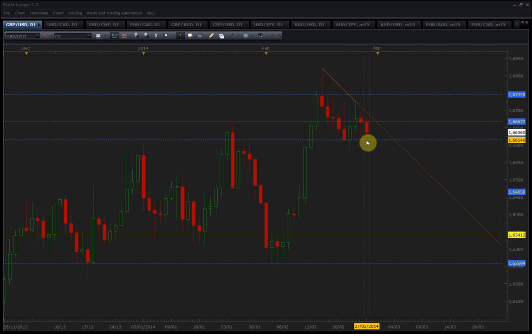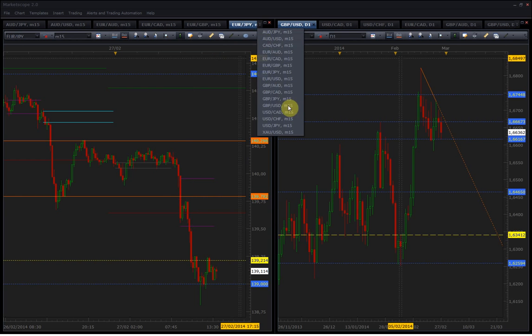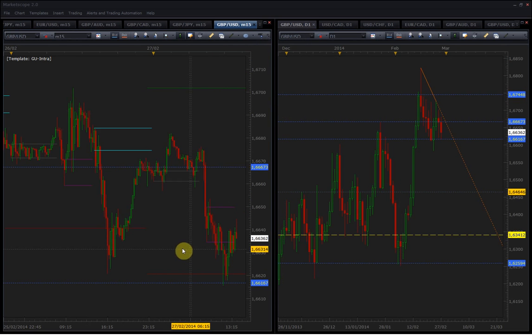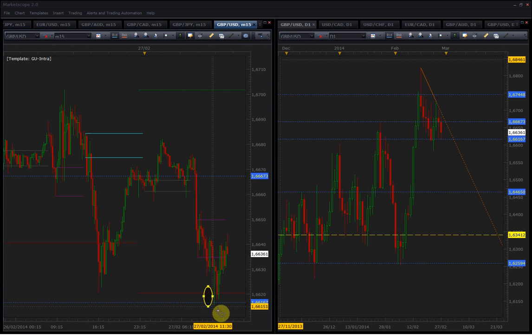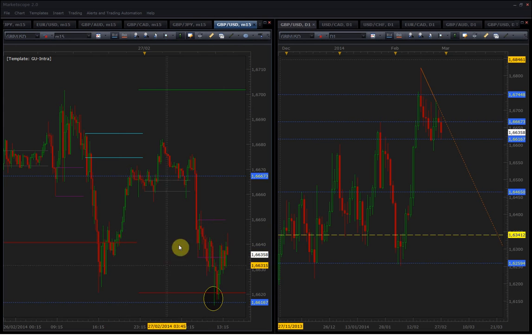As you see, it stopped to the pip on that blue line on pound dollar, plus the 1 day low. These red lines and green lines are just the daily highs and daily lows indicator.